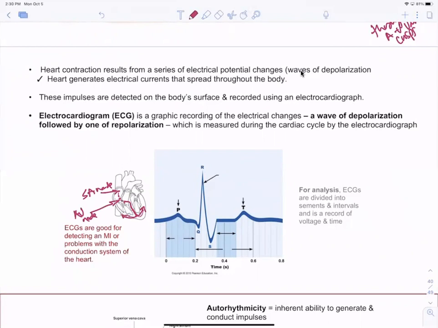And so these are just following the waves of electrical current. Now, the direction of the wave has nothing to do with whether the electrical current is going up or down. It's just the way that it picks up the electrical current.